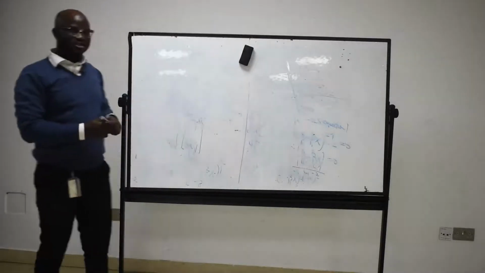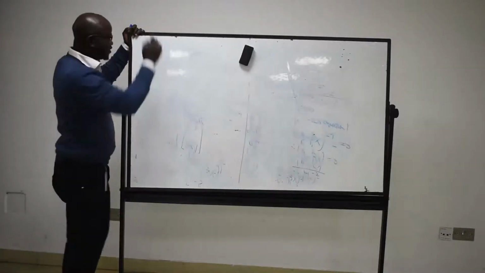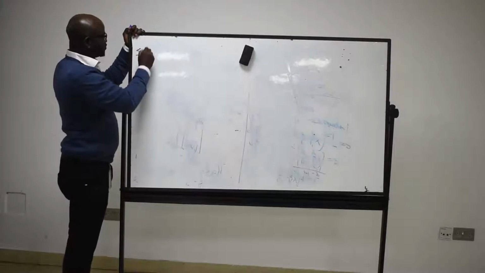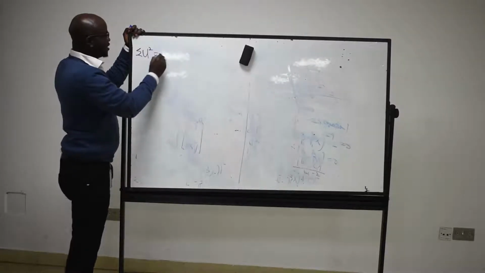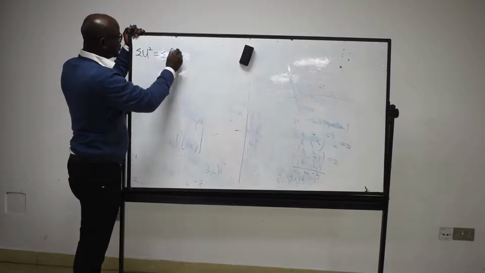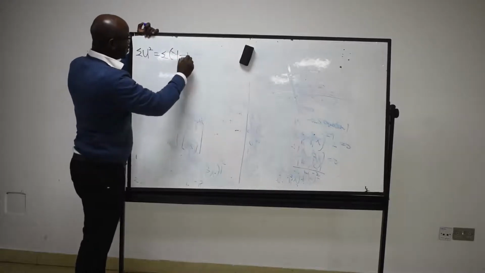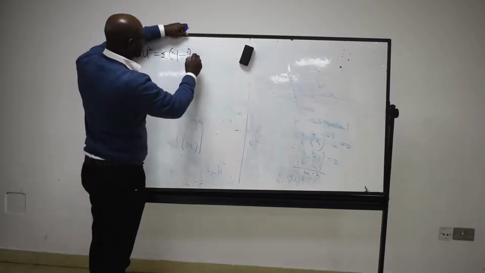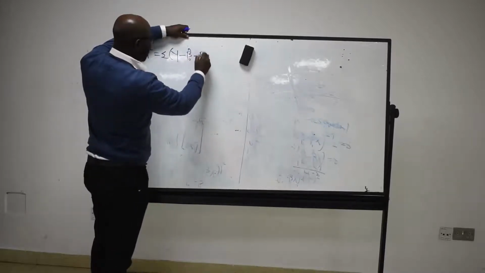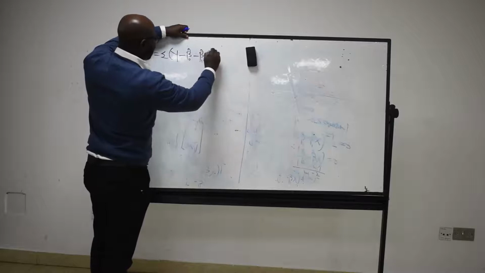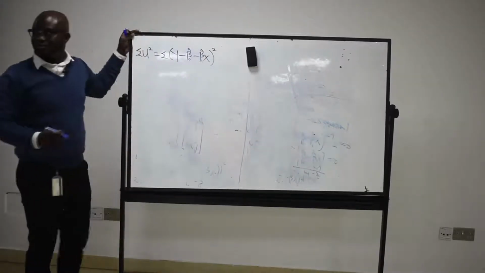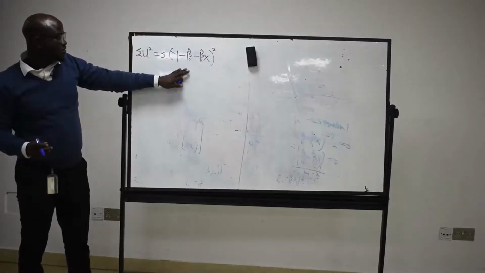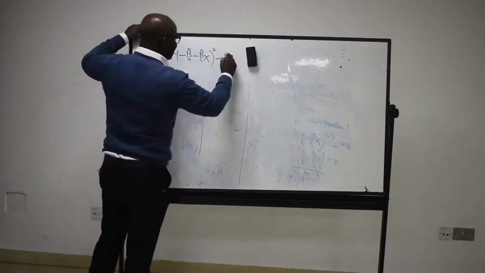From the OLS criterion, if you can remember, where we have the sum of squares of the error term, we have y minus beta naught cap minus beta 1 cap x, then you square. This is what we call the OLS criterion.